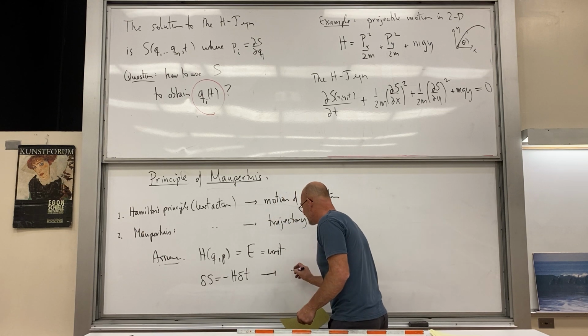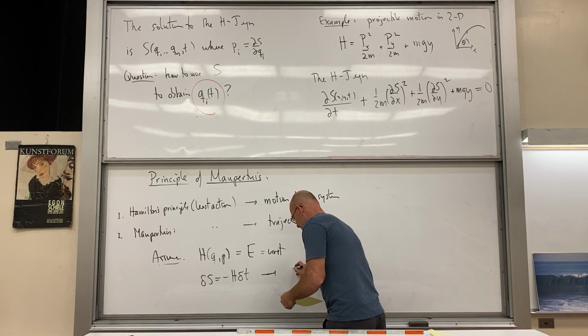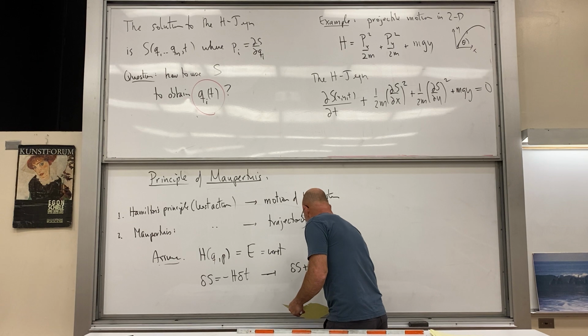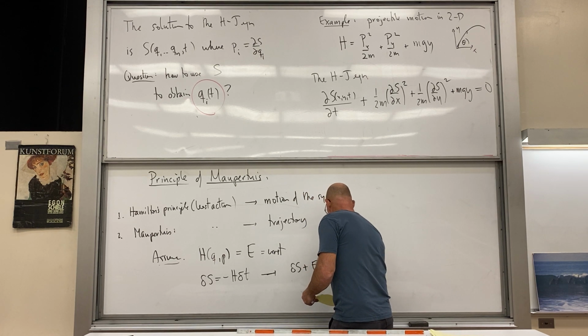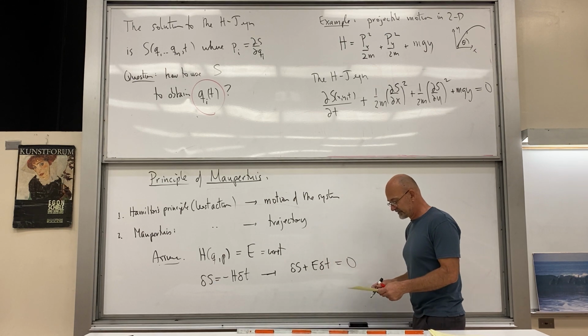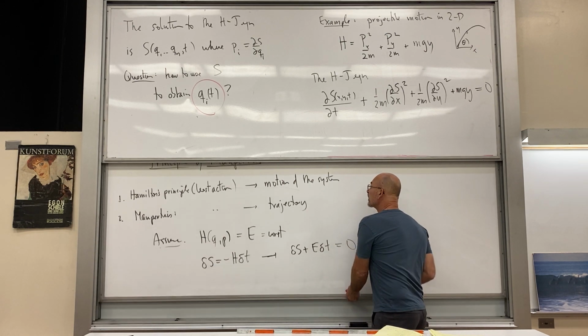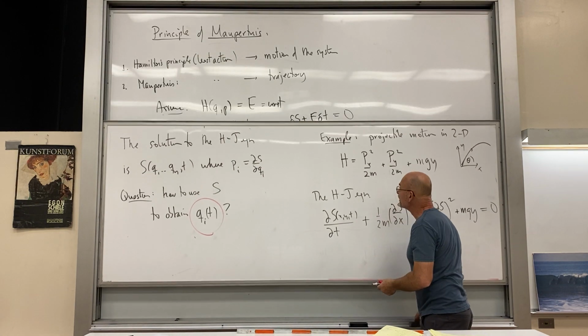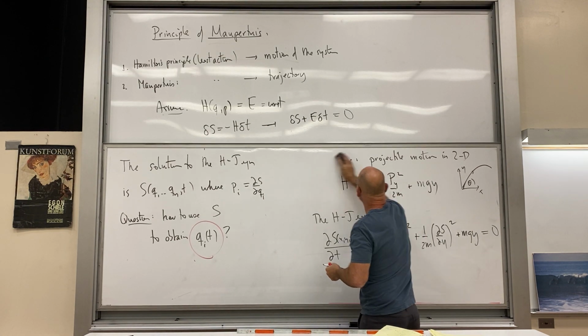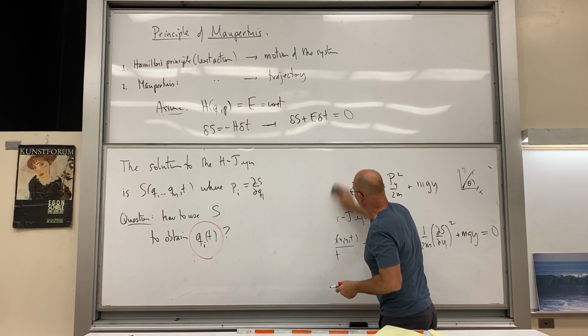That means delta S plus E delta t is equal to 0. And now under here we're going to fill in what we mean by this, with the momentum.